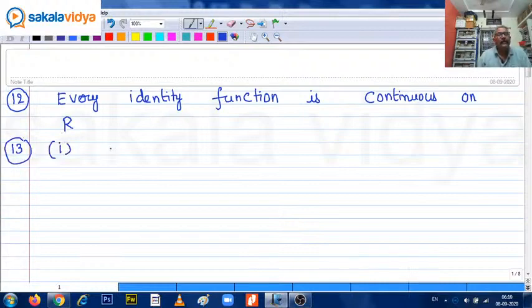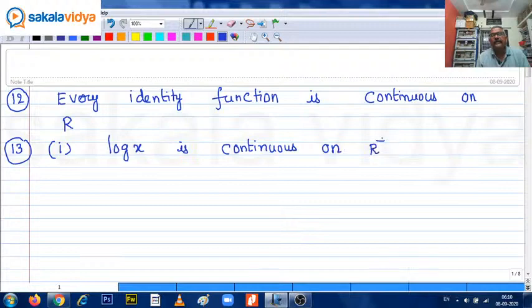First one, log x function. Log x is continuous on positive real numbers only. That means the domain of the log x function is positive real numbers. x must be greater than 0.